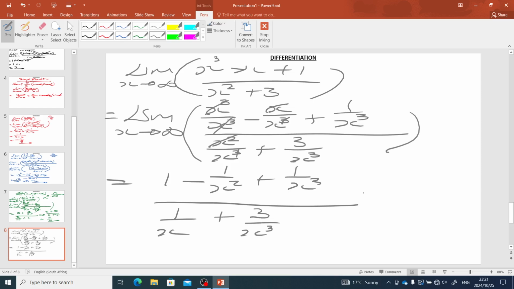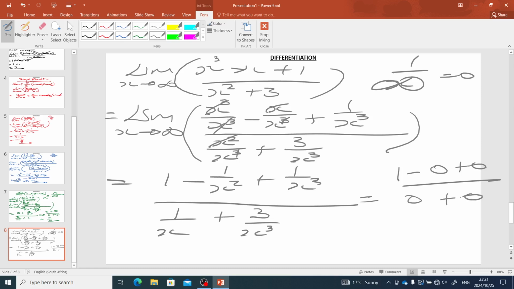Now, if I were to do the direct substitution, we know that 1 divided by x, 1 divided by infinity, equals 0. That means here I'm having 1 minus 0 plus 0 divided by 0 plus 0. It means here there are no limits.